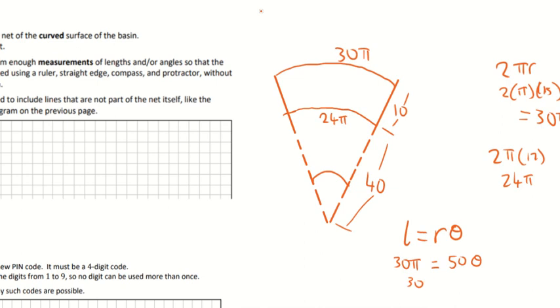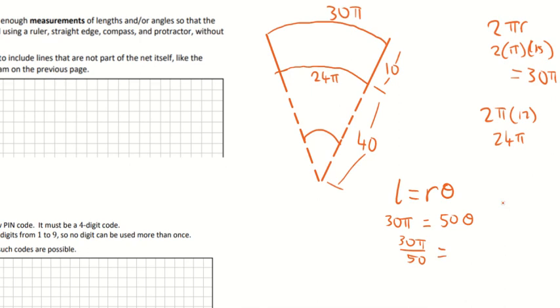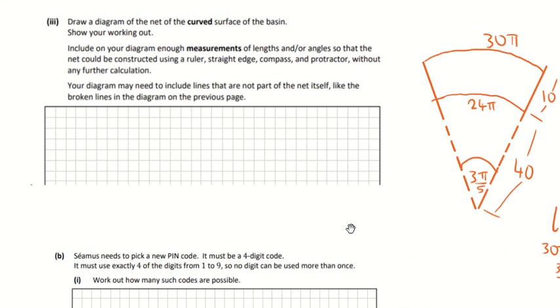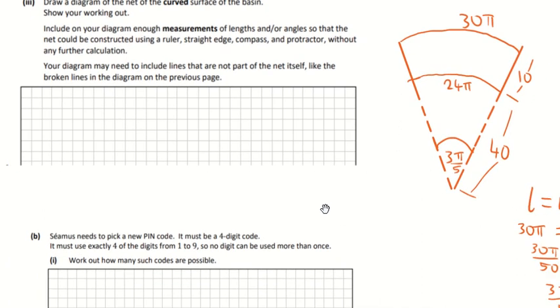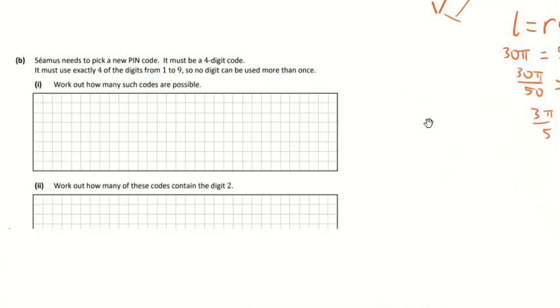So 30 pi over 50, so that's 3 pi over 5, that's the angle. So you can put that in there as well, so 3 pi over 5, so that's the angle. So that's all the measurements then. So you don't have to actually construct it with a compass and so on. It's just you have to include all the measurements, so that's everything there.